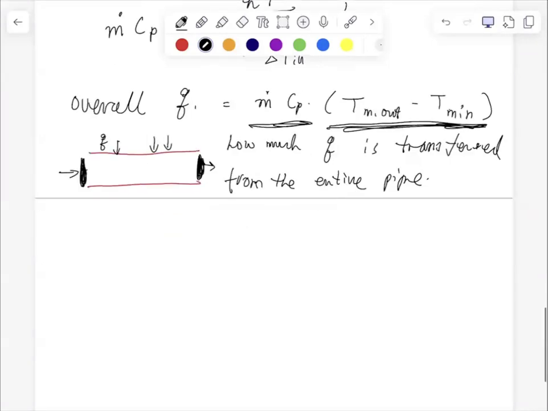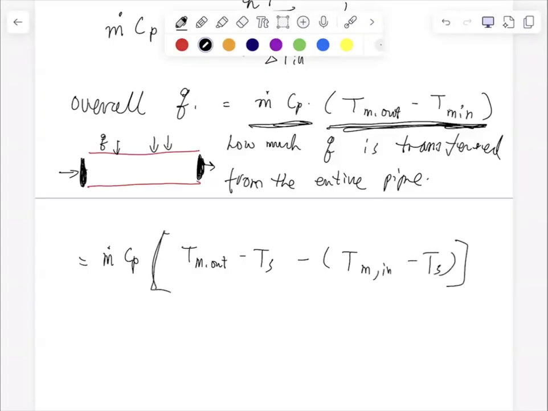Okay, so then I just continue to calculate this. The Q still equals mCp. All right. I do only one small trick here: minus Ts plus Ts. So I basically subtract the surface temperature from every one of these temperatures. So they cancel each other.